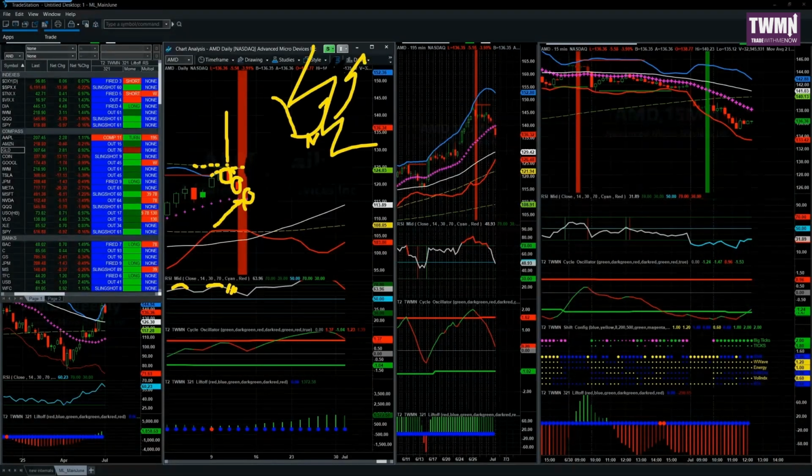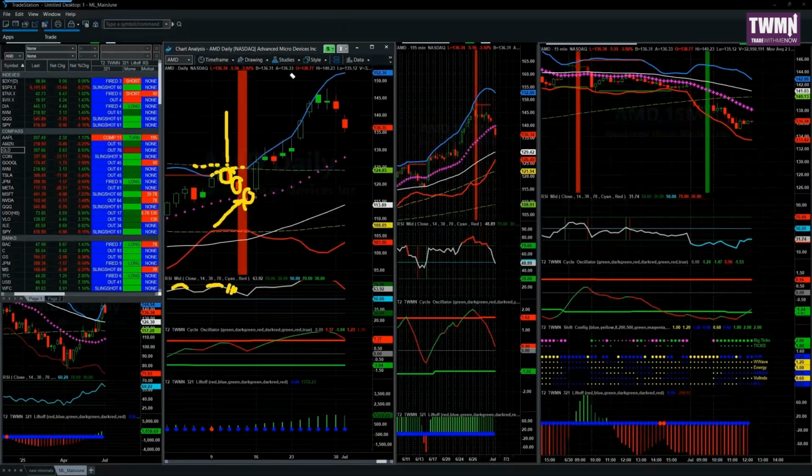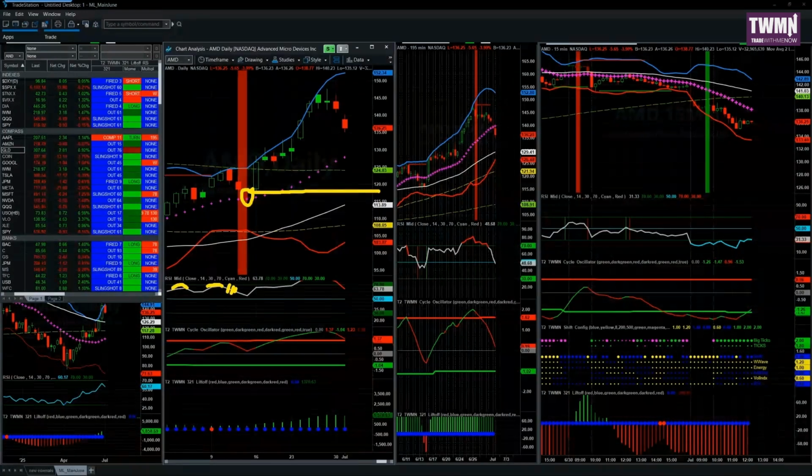We looked at a bunch of other semiconductors at the time, if you guys remember, and we took AMD. Now, right here, price was sitting at about 118, 117 when we took the trade. So my alert on the 13th said I'm going to pick AMD for July. I'm going to give myself over a month for this to do whatever it does and trade down to the lower Bollinger.